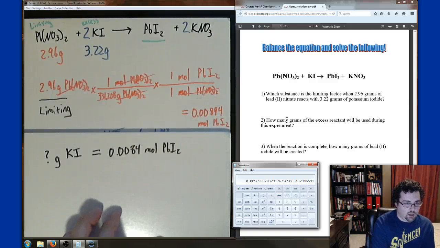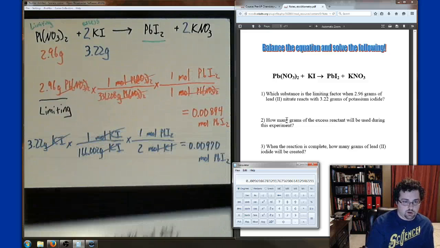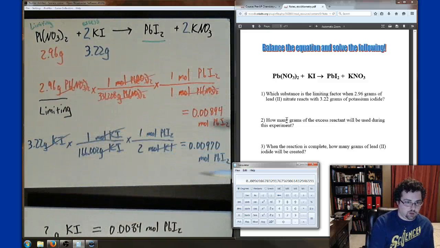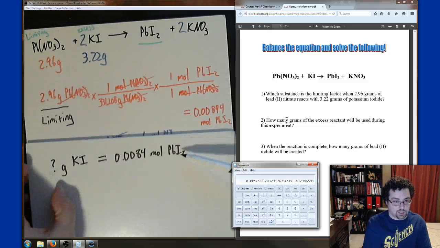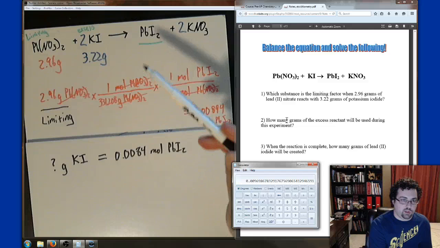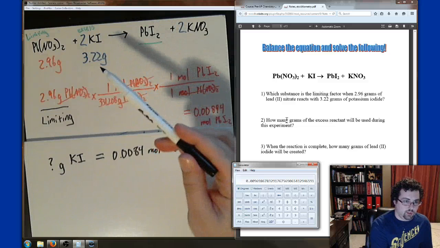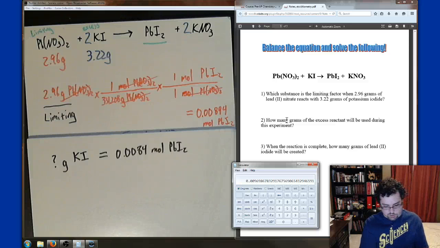In order to calculate that, all I got to do is do the exact same calculation I did for KI here, but I'm just doing it in reverse. I'm going to start with the moles that the limiting reactant gave me, because that's how many moles are actually going to get made. So I'm going to start with that number and do a conversion of moles of this to grams of that. It's another two-step conversion, just in the opposite direction.